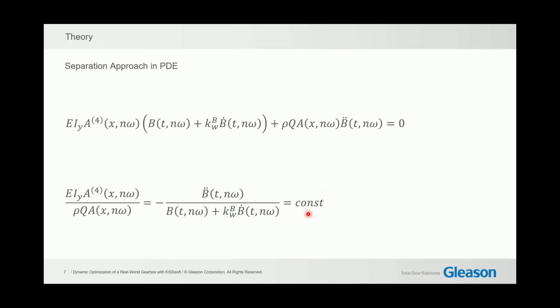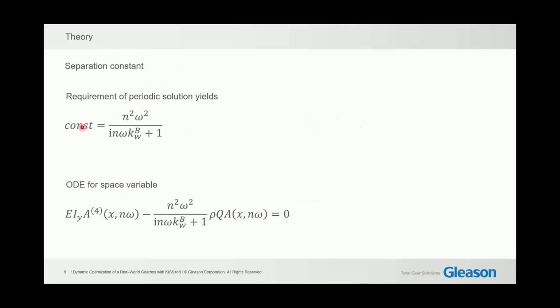Since we want to have only steady state, which means periodic solutions, we can further derive that this constant needs to be this value here, only dependent on the base frequency omega, the current order of the harmonic n, and our damping factor.